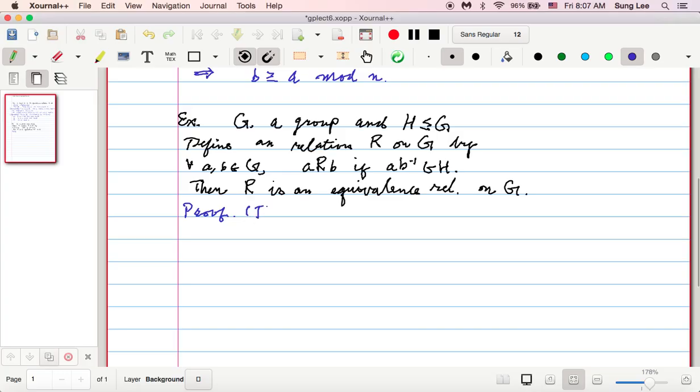First, the reflexivity. For any a in G, a times a inverse is the identity, and the identity belongs to H because H is a subgroup.